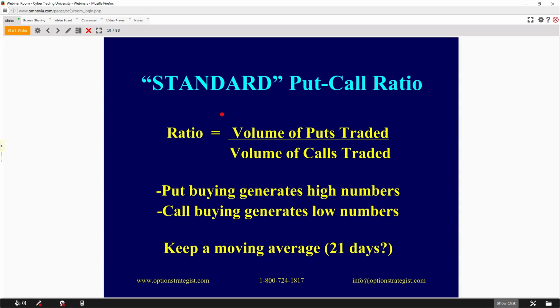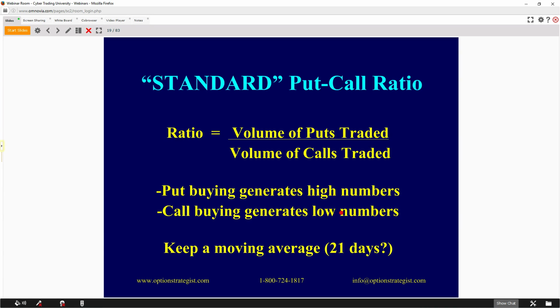So for example, let's say today in the modern world, we look at IBM at the end of the day and we sum up the volume on all the puts that traded that day. And then separately, we sum up the volume of all the calls that traded that day, and we divide the two. Since puts are in the numerator of the fraction, put buying generates high numbers for the ratio. And since calls are in the denominator, call buying generates low numbers.